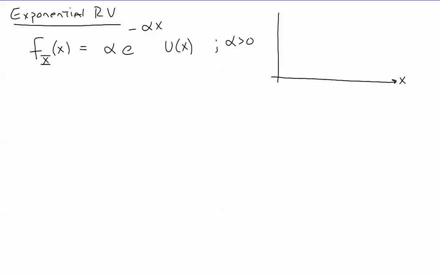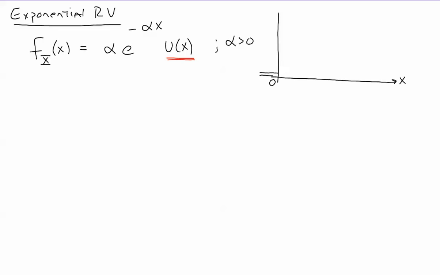My PDF for the exponential random variable includes the step function. The step function means that my PDF has no value, or rather the value is 0, for x less than 0. So maybe we can extend this horizontal axis here. My PDF is 0 for x less than 0.